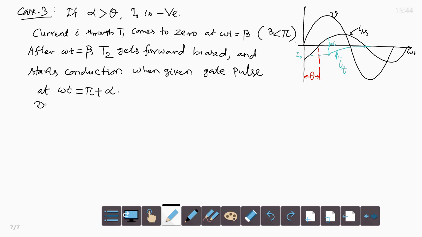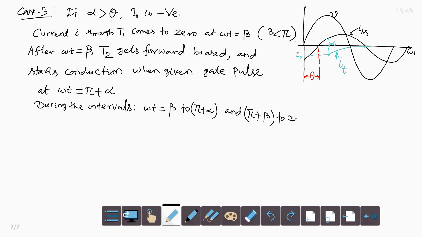So, during the intervals that is omega t equals to beta to alpha, and pi plus beta to pi plus alpha, current is 0. So, output voltage is also 0.